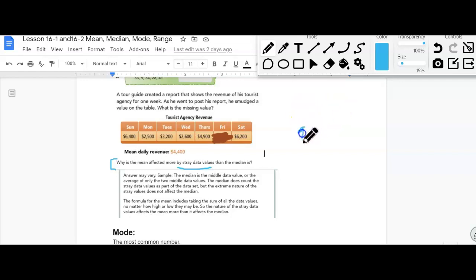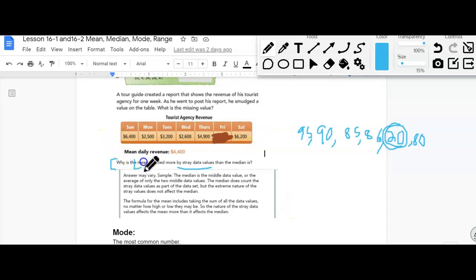We could have a 95%, we have a 90%, we have an 85%, an 86%, a 20%, and an 80%. Our stray data value here would be 20, because 20 is not close to any of these other numbers.